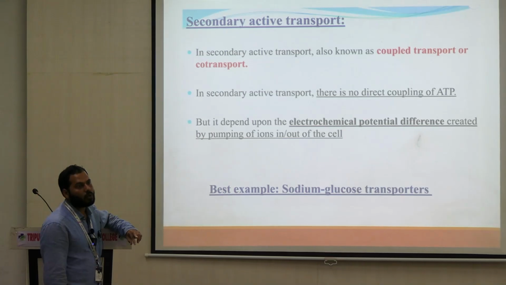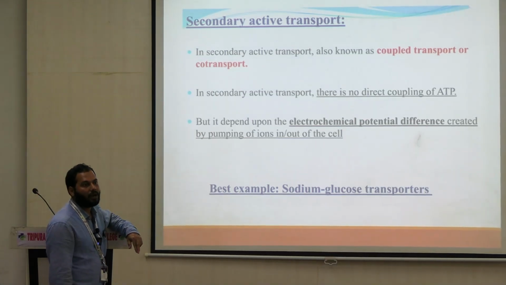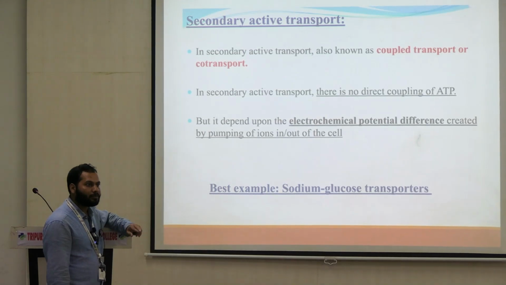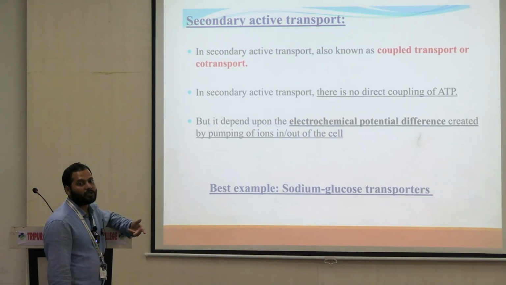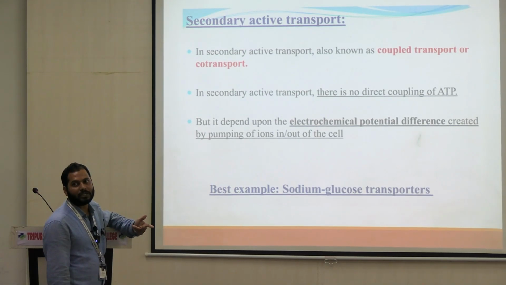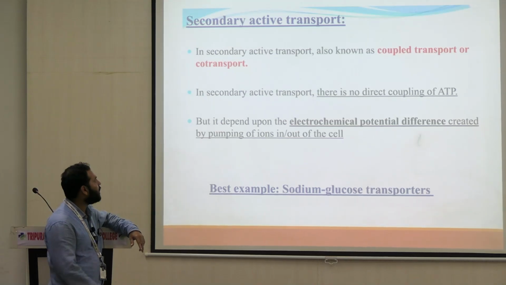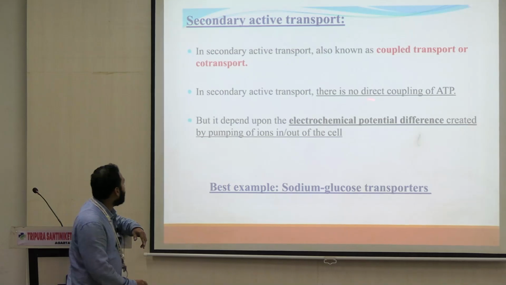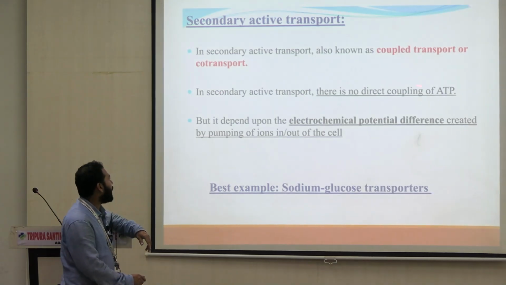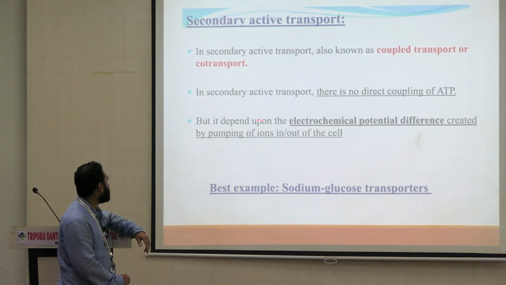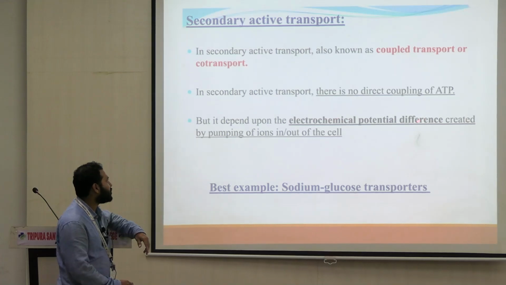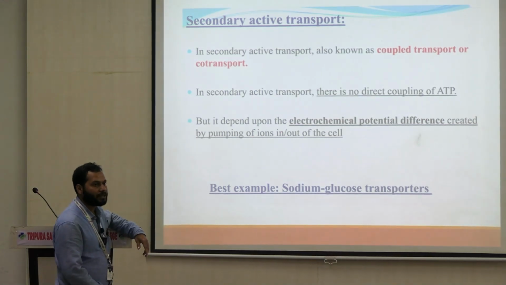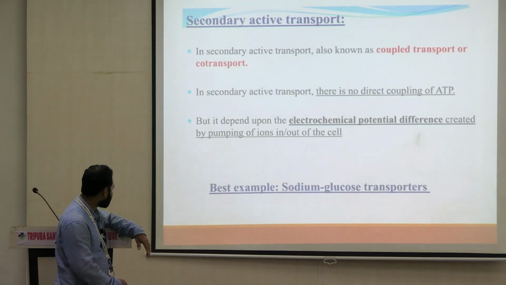Coupled transport or co-transport means that in this particular transport mechanism, the transporter carries two different types of molecules at a time, right? That is why it is called coupled or co-transport. There is no direct involvement of energy, but it depends upon the electrochemical potential difference that is created by pumping of ions in and out of the cells, mainly the sodium-potassium pump.